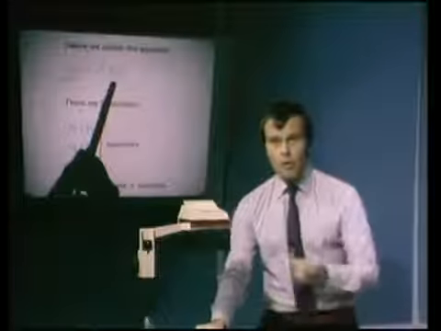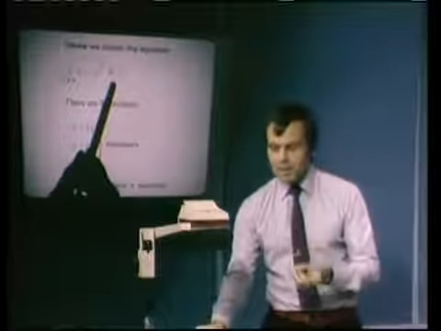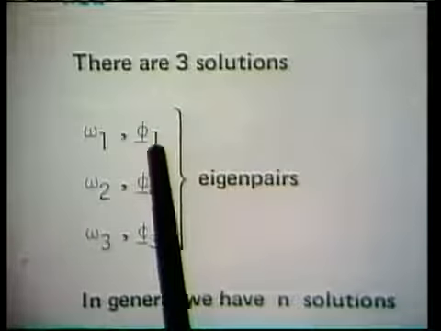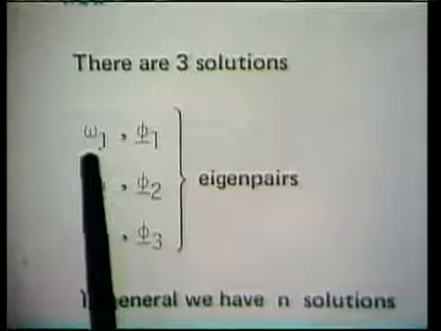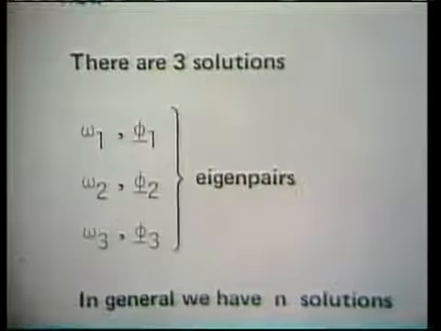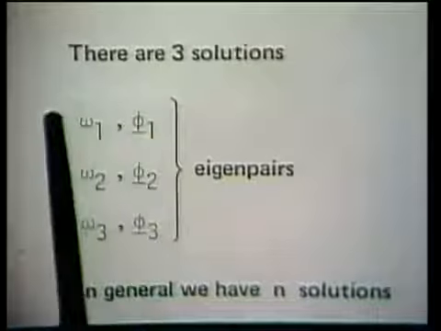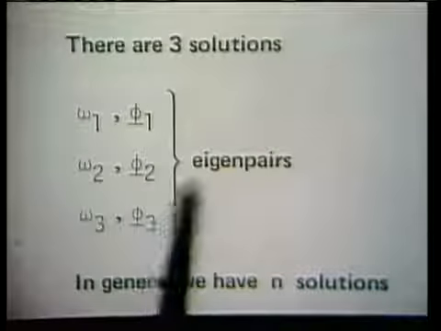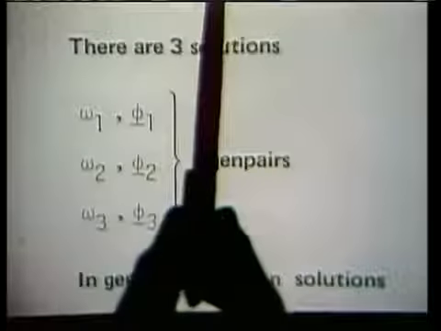In the case of this 3 by 3 system that we are considering here, in other words, the analysis of the cart system, we only have 3 solutions: omega 1 phi 1, omega 2 phi 2, omega 3 phi 3, and we call each of these solutions an eigenpair. So there are 3 eigenpairs that satisfy this particular equation.